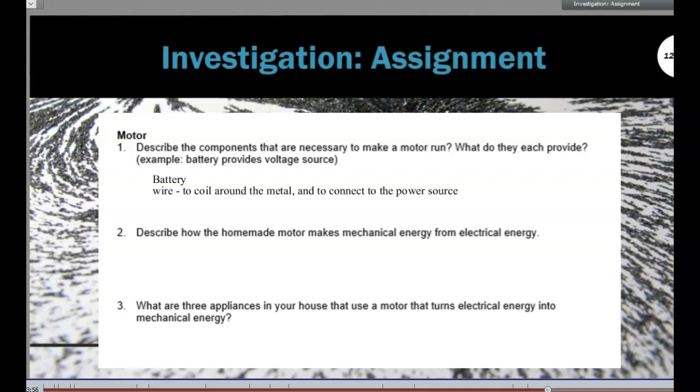Okay, what else did we need? What was in our picture just now? A magnet, yes. So the magnet, actually, it allows the polarity. So with the magnet being like the north, the south, as it moves, it's conducting the electricity and it's causing the magnet to spin.